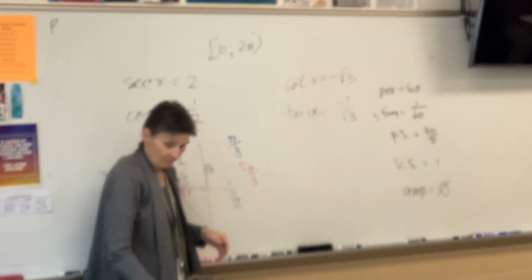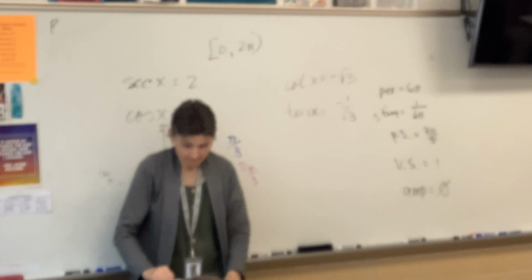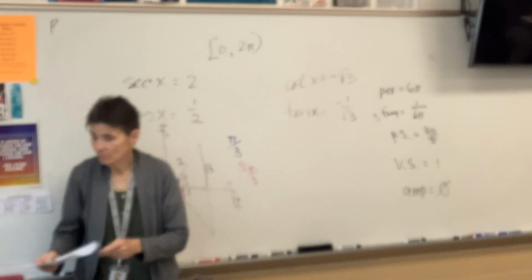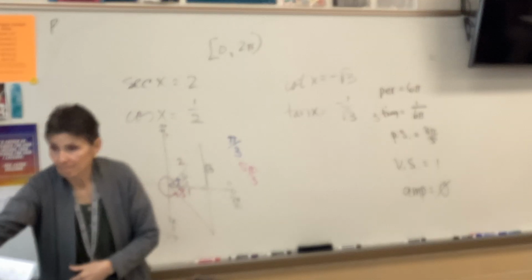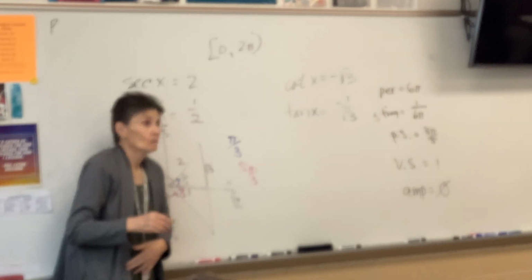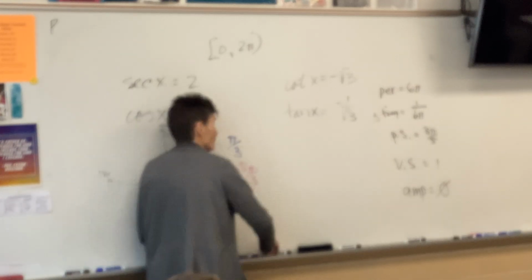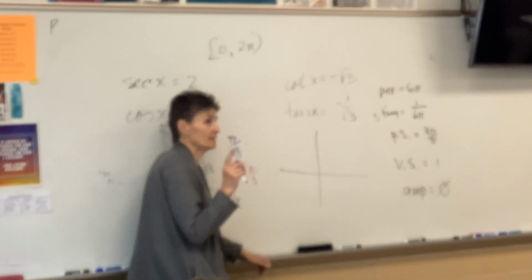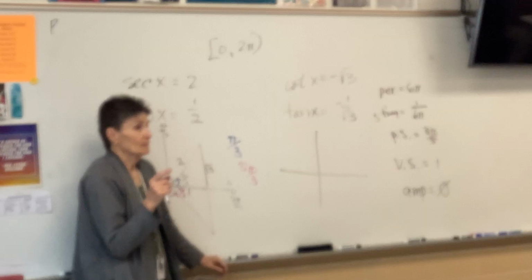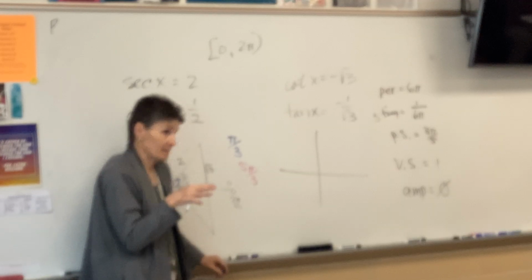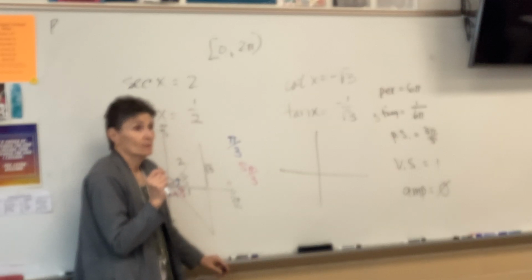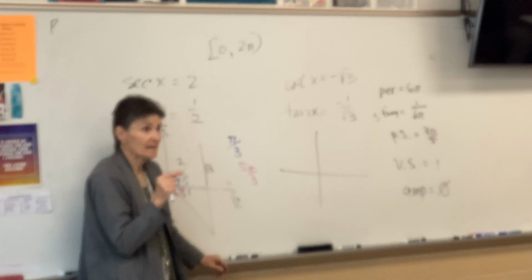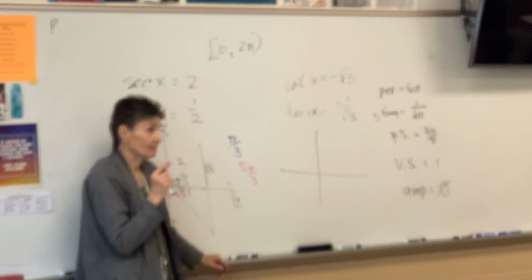So what do I need to figure out before I start in? Where we're going to draw it. So stop and think about what tangent is, and you need it to be negative. Where will tangent be negative?